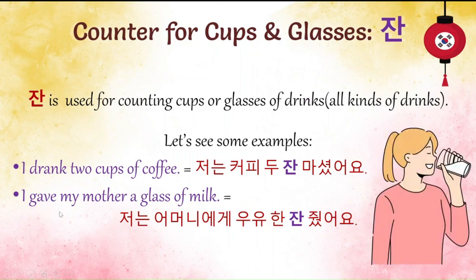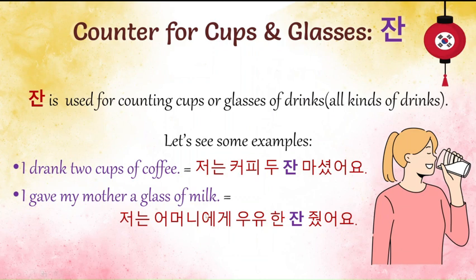The next example is I gave my mother a glass of milk. 저는 어머니에게 우유 한 잔 줬어요. Here, mother is 어머니 and 에게 is the Korean word that is attached to the noun to indicate that the person has been given something.